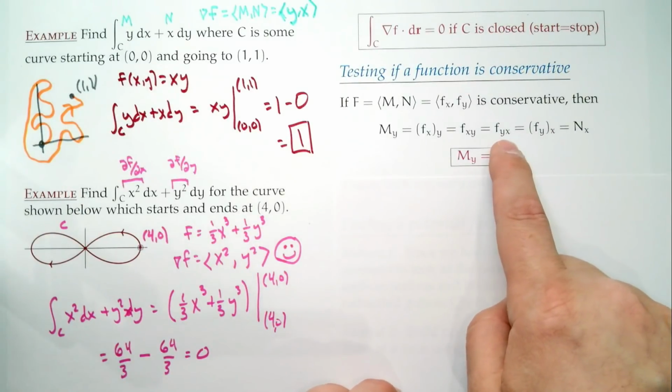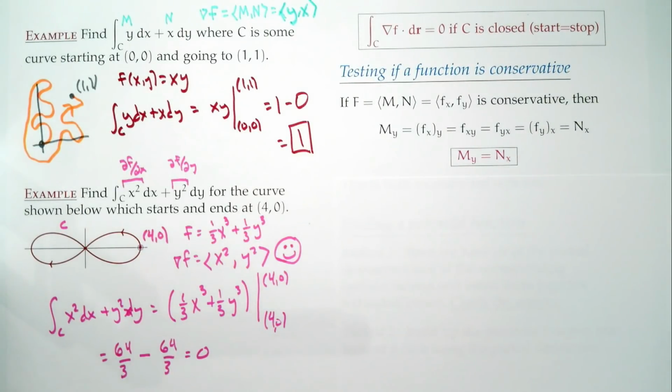Again, a second derivative, f, y, x. And we said in our class, our derivatives, we can take in any order, because for nice functions, it doesn't matter. And so the conclusion is that if you're conservative, the derivative with respect to y of the first entry better match the derivative with respect to x of the second.